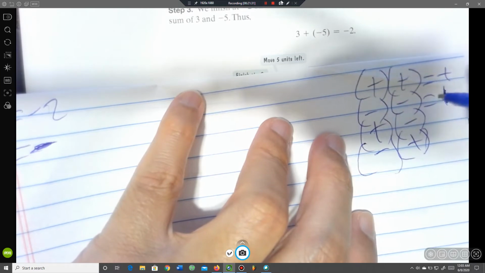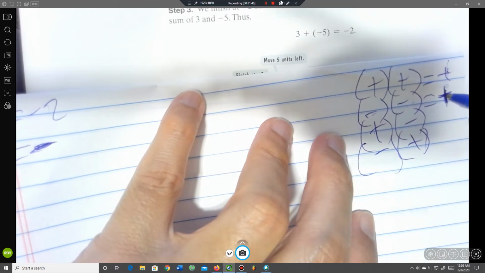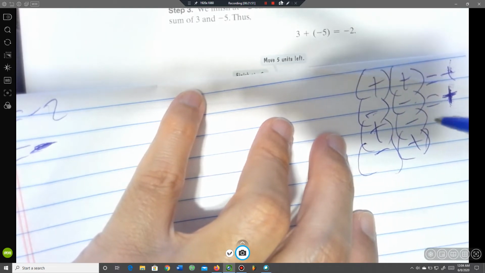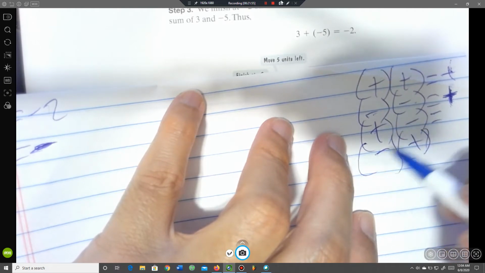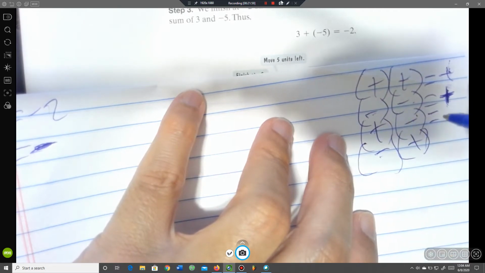I'm sorry about that. So these are the only two times you get a positive: when you multiply two negative signs, or a positive and a positive. And it doesn't make a difference where the negative value is. If it's to the left or to the right, you're still gonna get a negative answer in both instances.